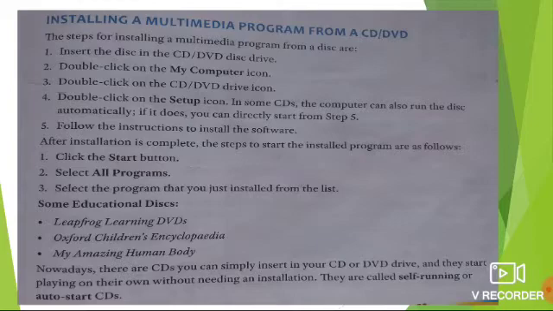In some CDs, computers can run the disk automatically, and in that case you can directly start with the next step. The steps to install the software are: after the setup icon, the installation will start.